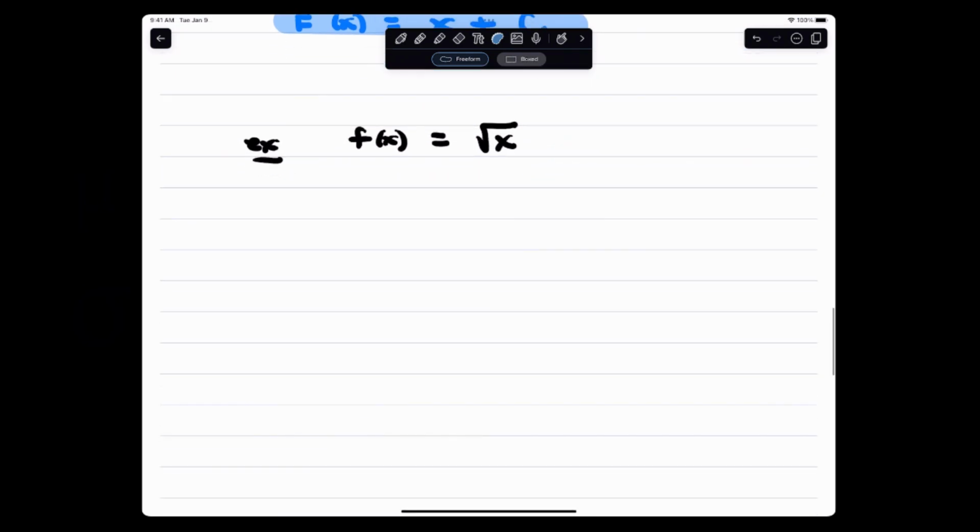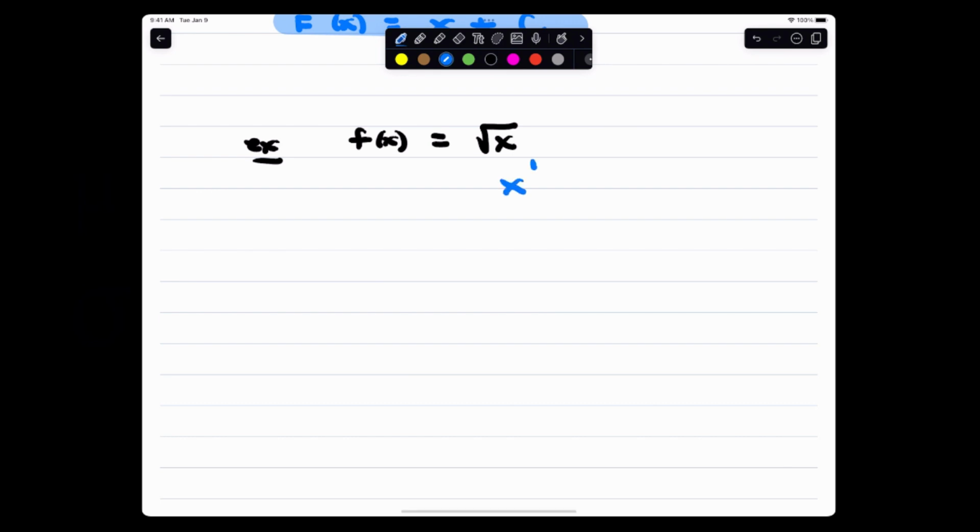What do you guys get? You're going to have to remember a little bit of some what? Algebra. Is that right? So what's this antiderivative going to be? You take the power 1/2 and you add what? 1. You've got 1/2 plus 1. Don't forget to add your constant.